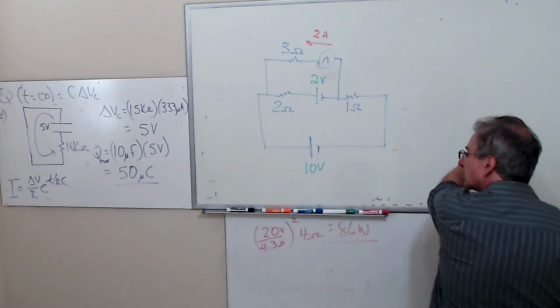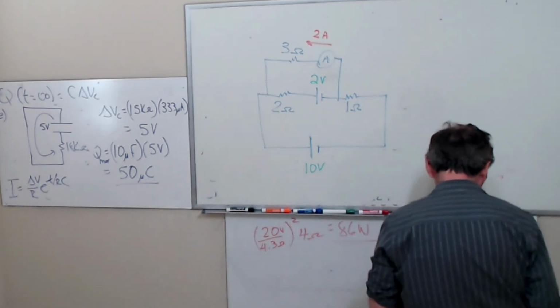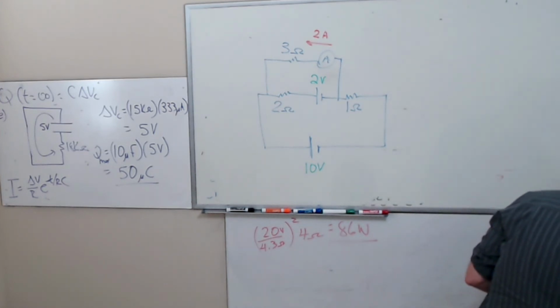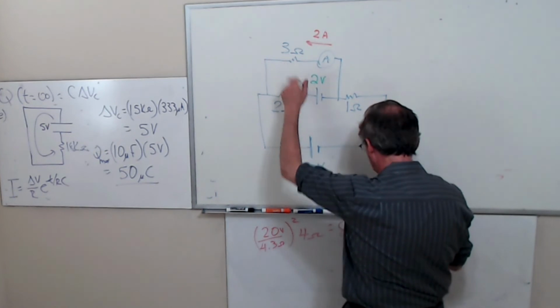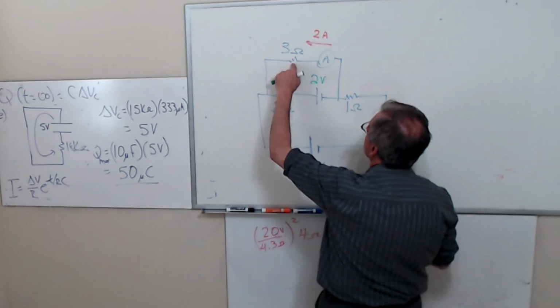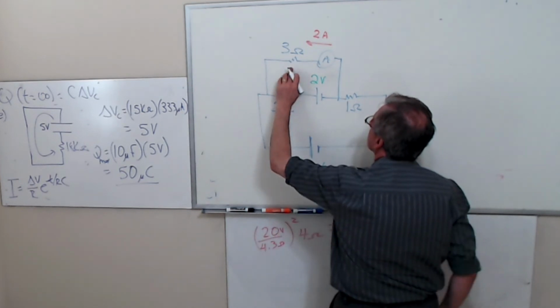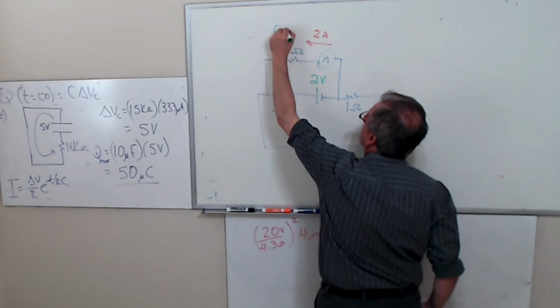Okay, so yeah, it is a Kirchhoff's law problem. However, when I look at this, I know the current through here, so what's the voltage drop across this resistor? 6 volts. Okay.